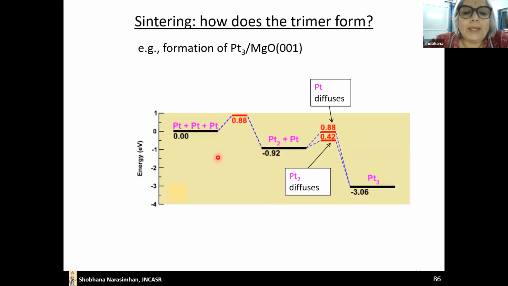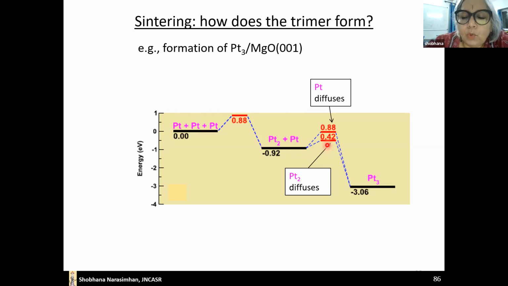So we can also study the process by which the sintering occurs. So for example, say I want to see how a platinum dimer on MgO is formed, or a trimer on MgO is formed. So I start with 3 platinum atoms. First, 2 of them come together to form a dimer. Now, when I want to bring them together to form the trimer, 2 things could happen.